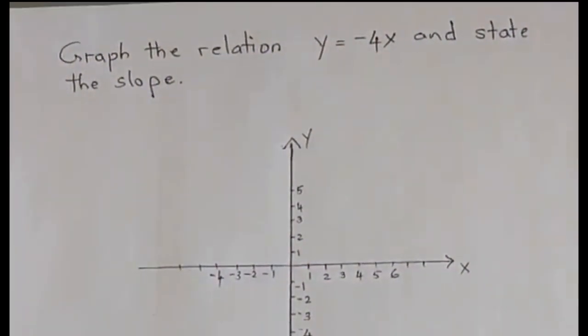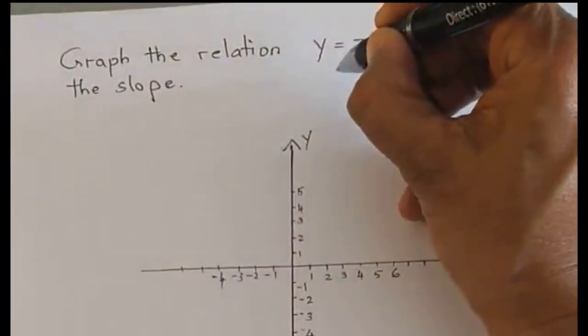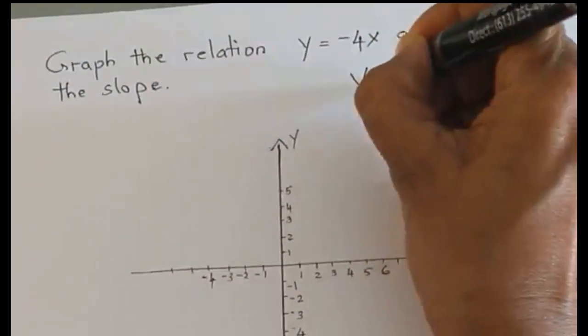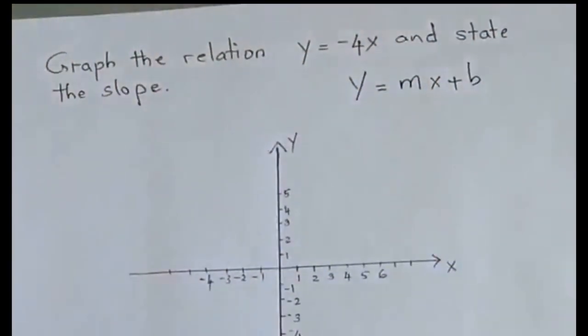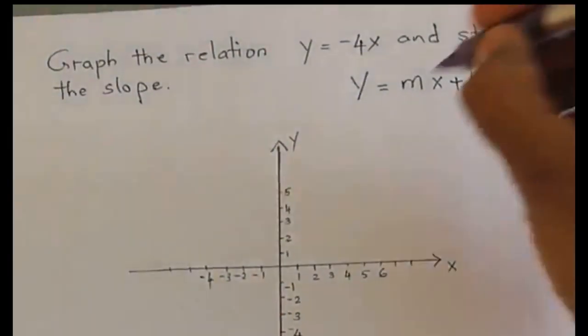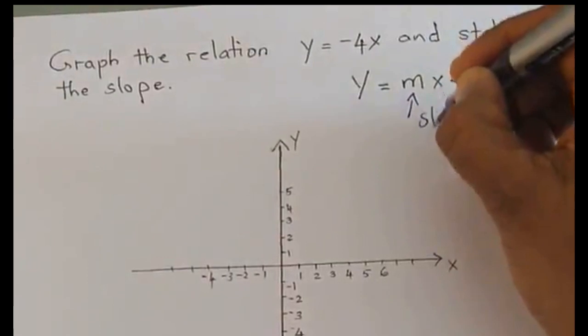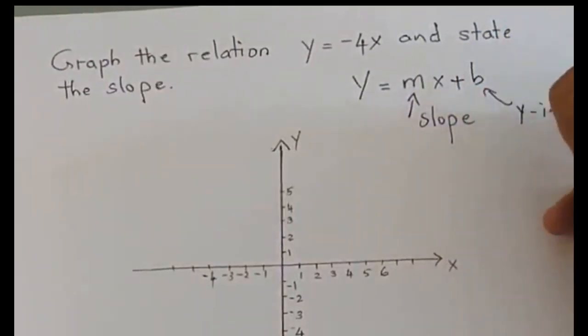The given relation is in the slope-intercept form. What is the slope-intercept form? Let's write that down here. Y equals mx plus b, where m stands for the slope and b stands for the y-intercept.